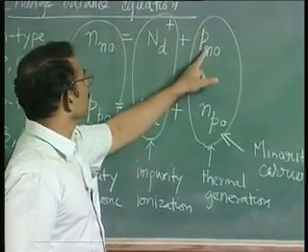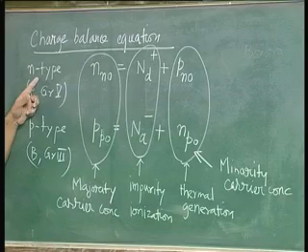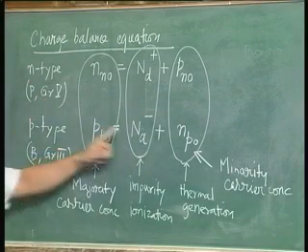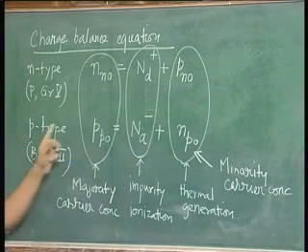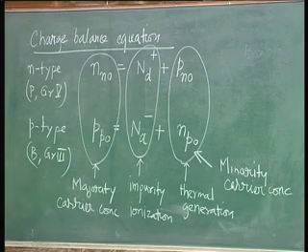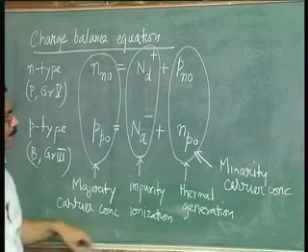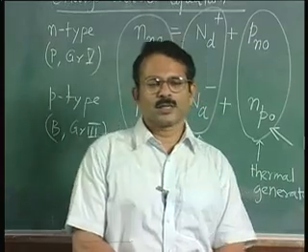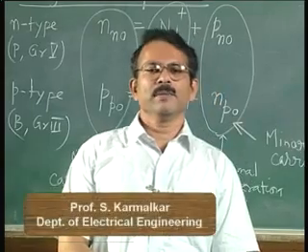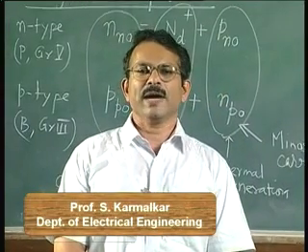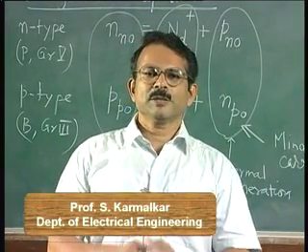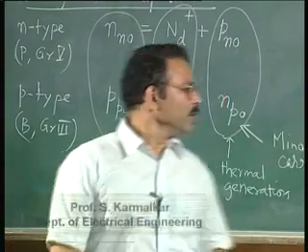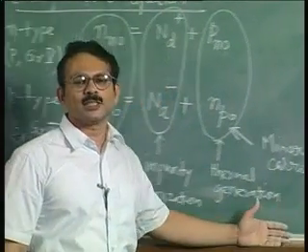So holes are minority in n-type semiconductor and electrons are minority carriers in p-type semiconductor. The fact that minority carriers are provided by thermal generation process is very important. We must remember this fact because, as we will find later, this particular fact is responsible for a slow response of minority carriers in switching conditions.